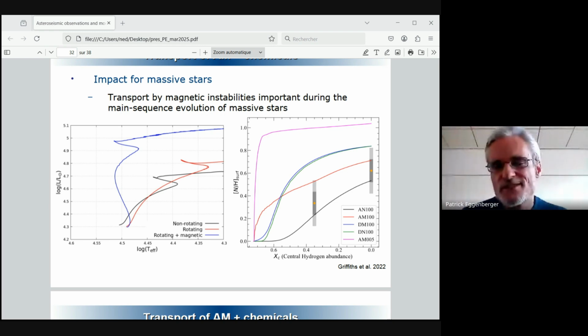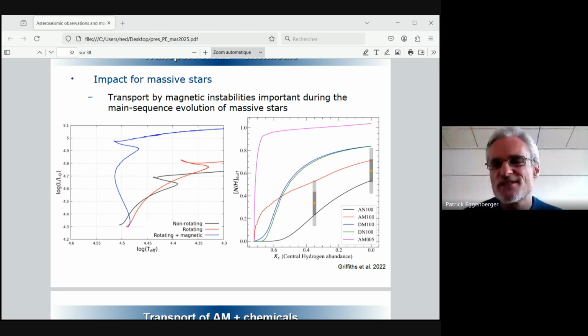And this is related to the question of free parameters that I was discussing before. If you have a free parameter that is related to a physical process, perhaps you can rely on this to extrapolate at low metallicity. If you don't, because you don't know what the physical process behind is, and you just put in a constant, then it's much more difficult to trust your model at low metallicity.